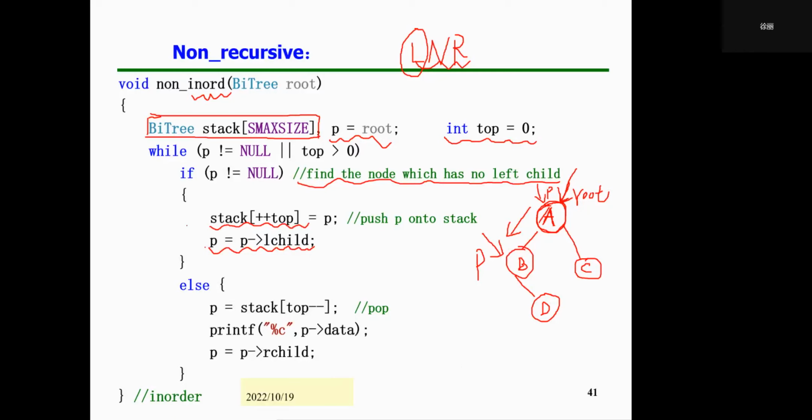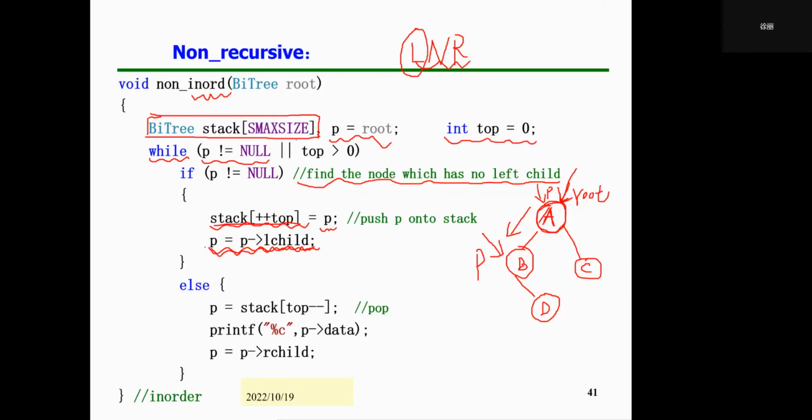So here push A, push B means stack[++top] equals P. P is the pointer, right? Or you can say it's the address of the node, right? So every time we change P to be P's left child, we will do that again and again. So we need to write a loop here. We write a while loop here: while P is not null.